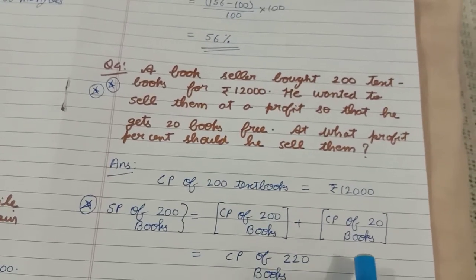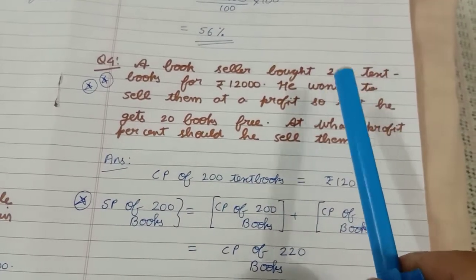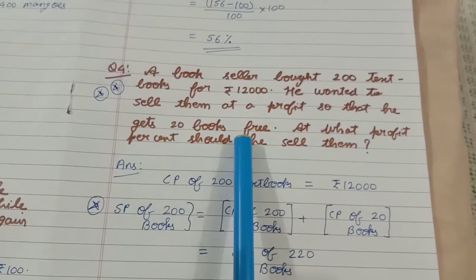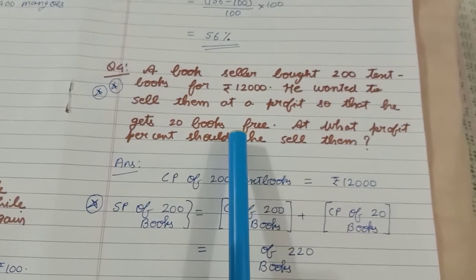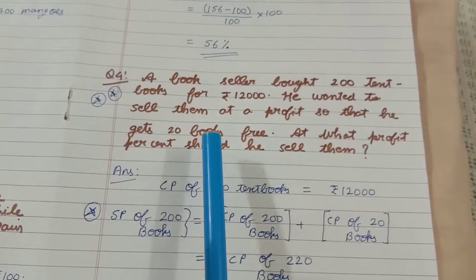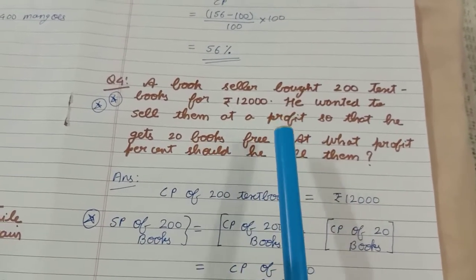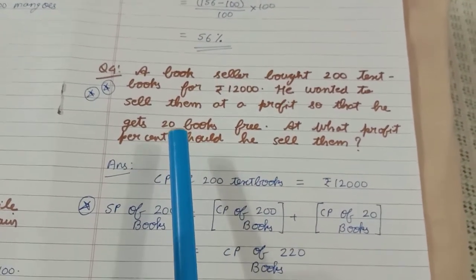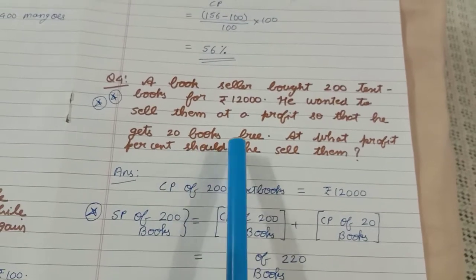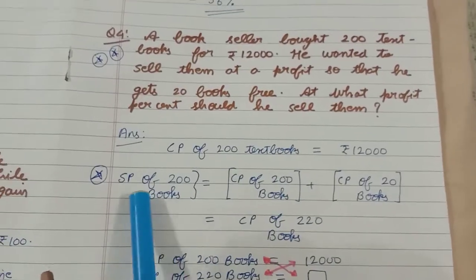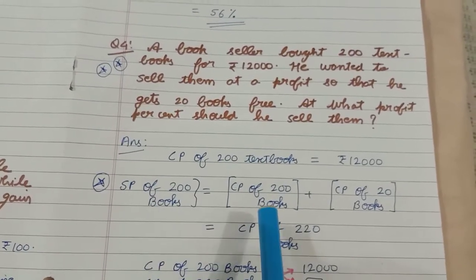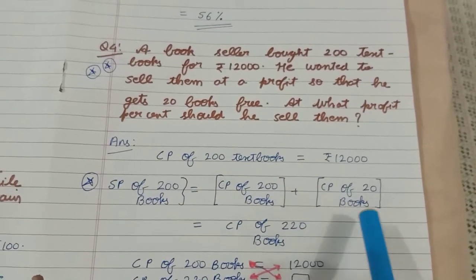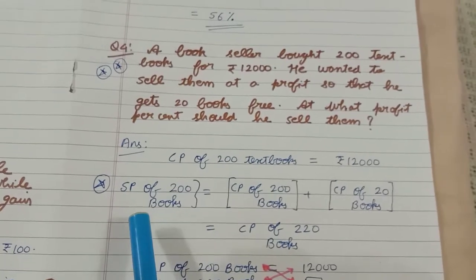Because he sold these 200 books at a higher price such that 20 books are free. That doesn't mean he gave free books. In the problem he wants to say that his profit was equal to the price of 20 books. So selling price will be calculated as our cost price plus the cost price of 20 books, added to it, and it is our selling price.